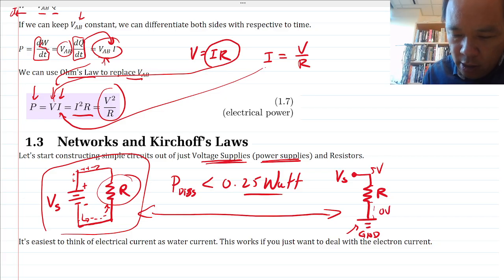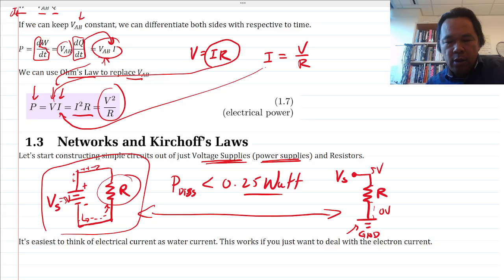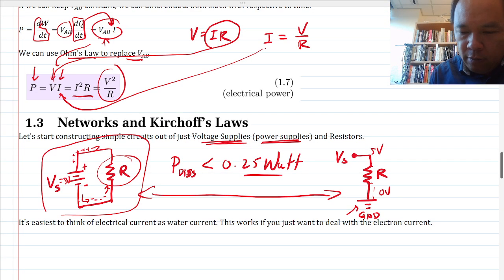So you still have the same delta V of 5 volts across this resistor, just like if you have a 5 volt battery here. You have a 5 volt difference across the resistor. These are exactly the same circuits drawn slightly differently, and I don't want people to get confused by this because it's showing the same information.